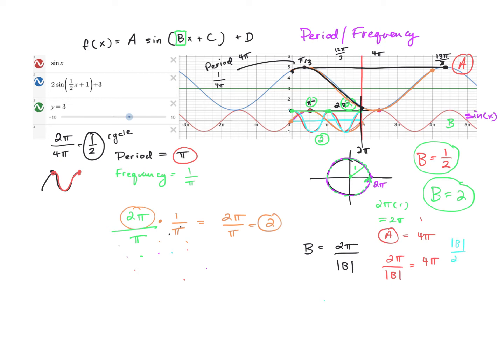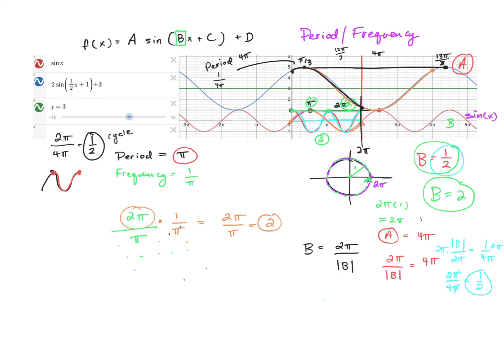I say absolute value b over 2 pi is equal to 1 over 4 pi. And if I multiply both sides by 2 pi, I get 2 pi over 4 pi, where the pi's cancel out, which is 1/2. And that's what I got here. Basically, this is what you're saying: in a full 2 pi cycle, how many cycles will my graph have? So this is how we're solving for b here.